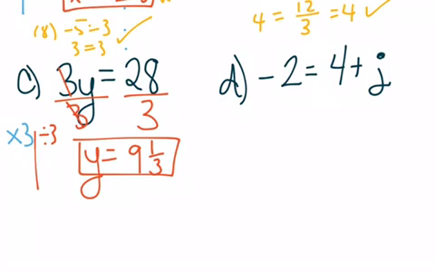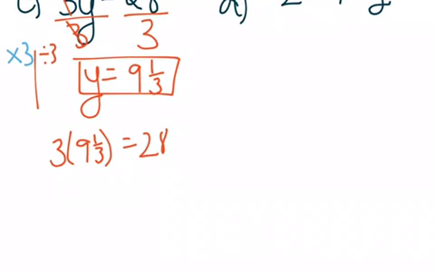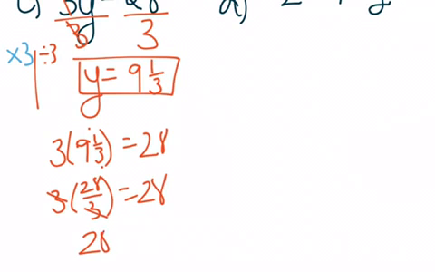Check this by plugging it back in. So 3 times 9 1/3 should equal 28. I'm going to rewrite 9 1/3 as an improper fraction. 9 times 3 is 27, plus 1 is 28, so 3 times 28 over 3 is equal to 28, and the 3s cancel out, so 28 equals 28, and you're good.